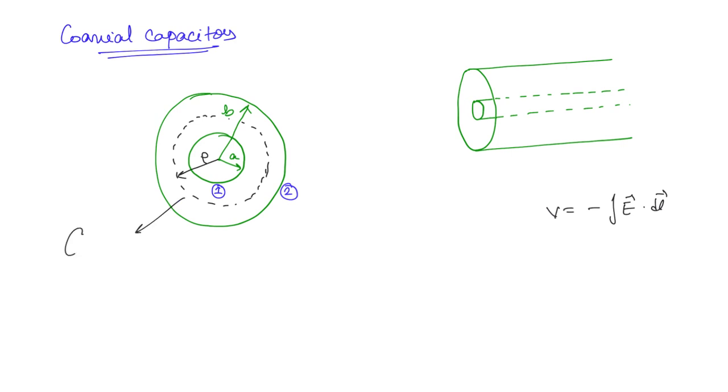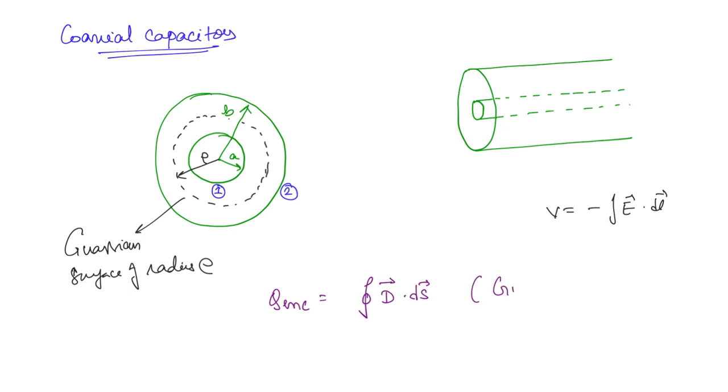So this is a Gaussian surface of radius rho. So what will be the enclosed Q? Q enclosed is equal to integral D bar dot dS bar, right? This is according to the Gauss law.